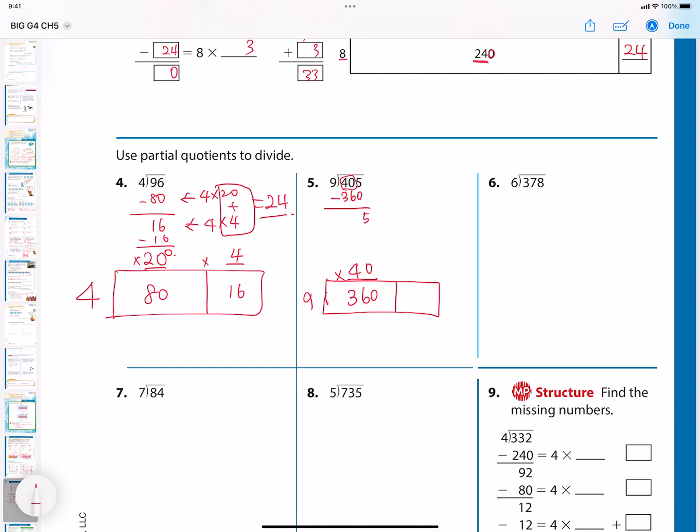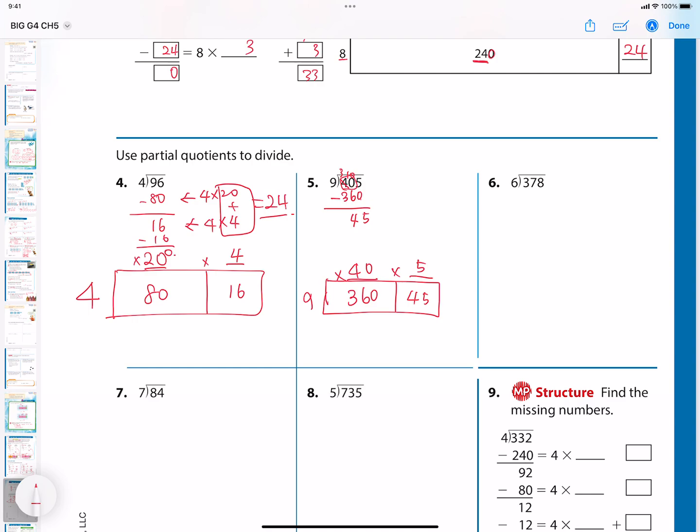Okay, so since you cannot take away 6 from 0, you need to borrow from the hundreds place. It becomes 3, and it becomes 10. 10 take away 6 is what? 4. So this 4 is another area, partial area, let's say. All right, 9 times what number is going to make 45? Yes, 5.